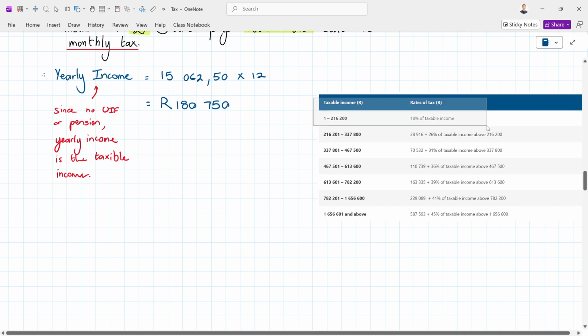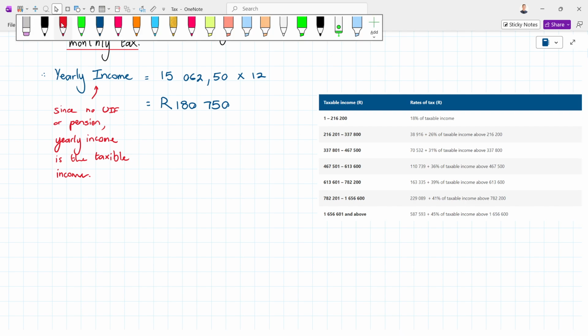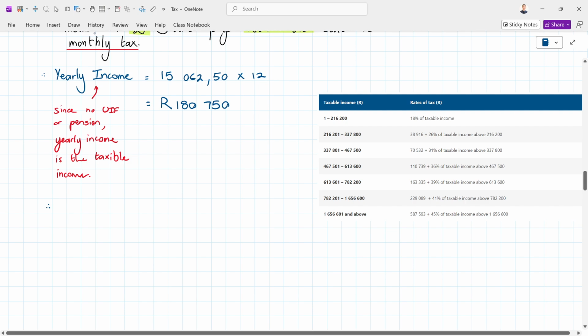180,000, well, that falls towards the upper end of the first bracket. So then we can calculate the annual tax. I'm not going to do that just yet. Oh, actually, let's do that. I'll show you different ways you can approach this.